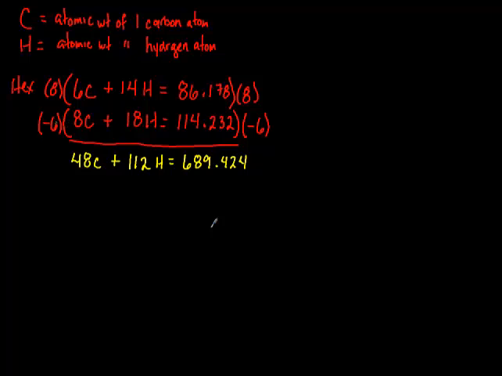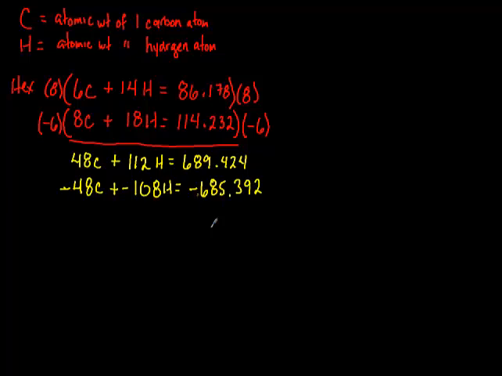So now distributing in the negative 6 to the second equation, that gives me negative 48C. Aha, just what I wanted. Negative 6 times 18H gives me negative 108H. And on the right side, negative 6 times 114.232 is negative 685.392.